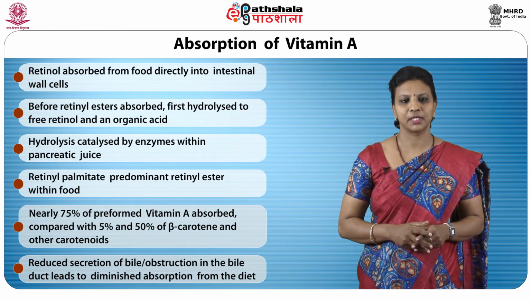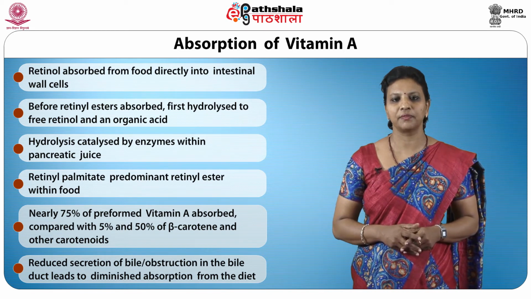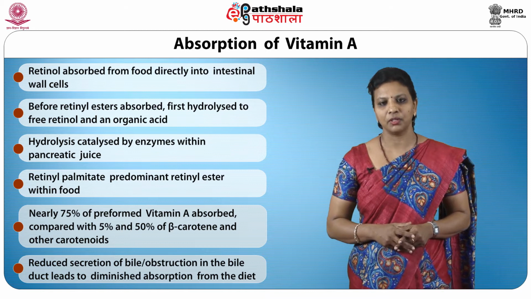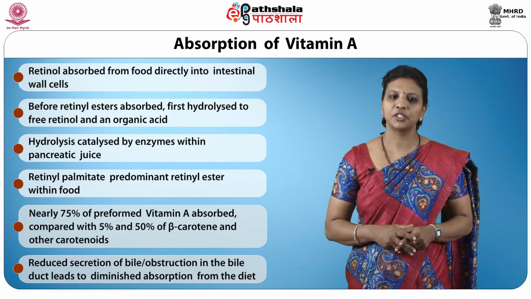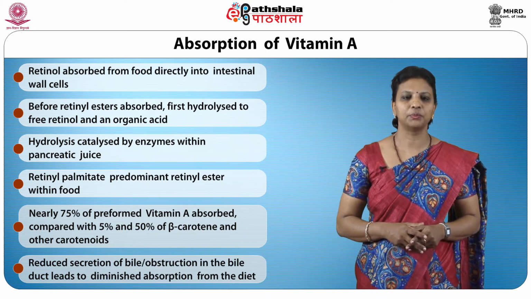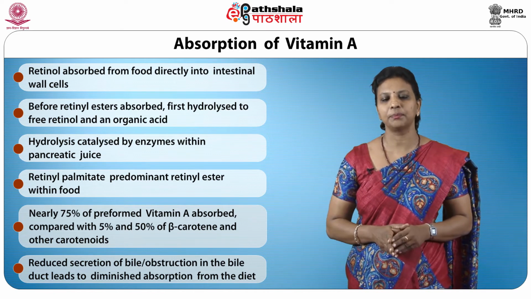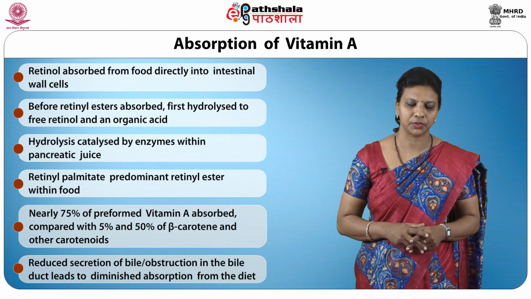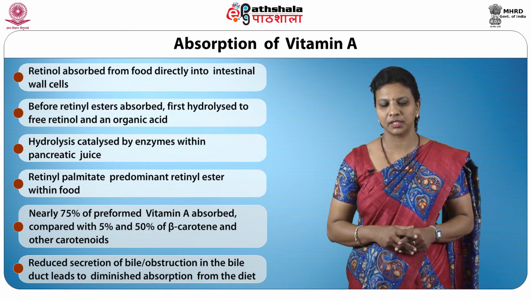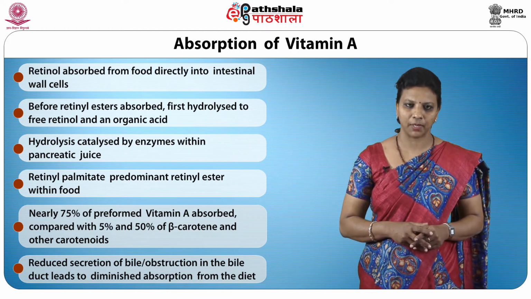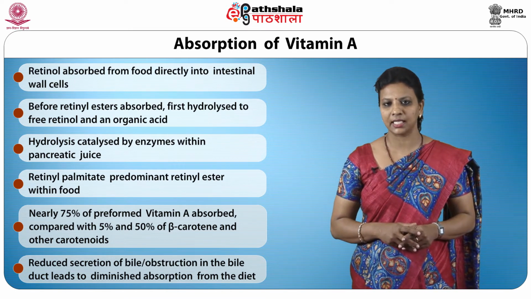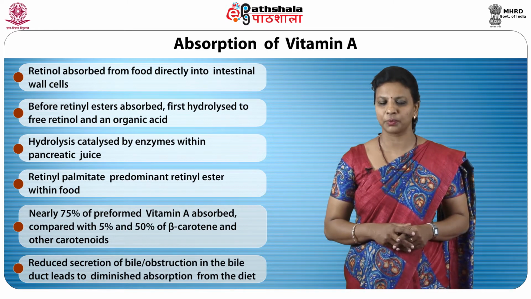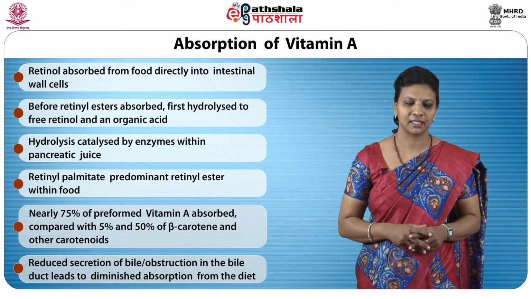Approximately 75% of preformed dietary vitamin A, both retinol and retinyl esters, is usually absorbed compared with between 5% and 50% of dietary beta carotene and other carotenoids. Reduced secretion of bile or obstruction in the bile duct leads to diminished absorption of vitamin A from the diet.